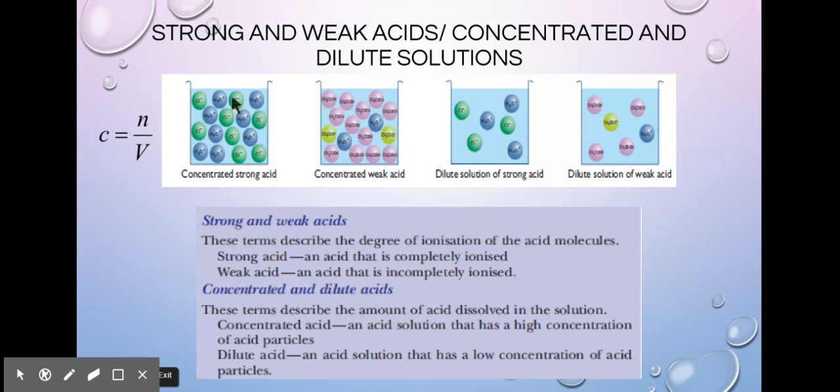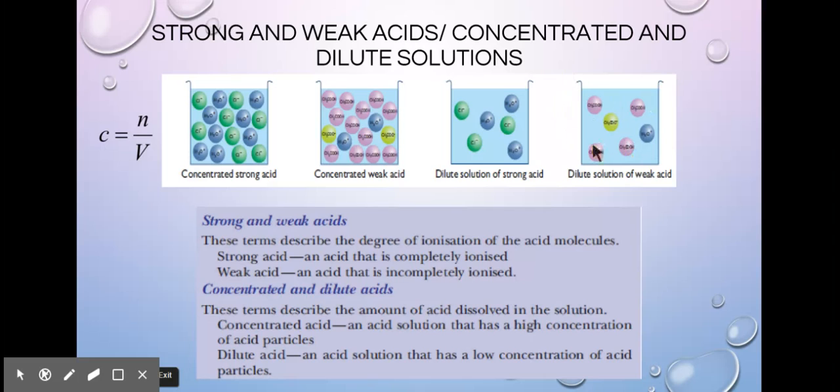But when we look at this one, this is a concentrated solution of a strong acid, which has 100% broken apart. And this is a dilute solution of a strong acid, which is 100% broken apart. This is a concentrated weak acid. So there are lots of molecules in this small space, but not very many of them have actually broken up into ions and ionized.